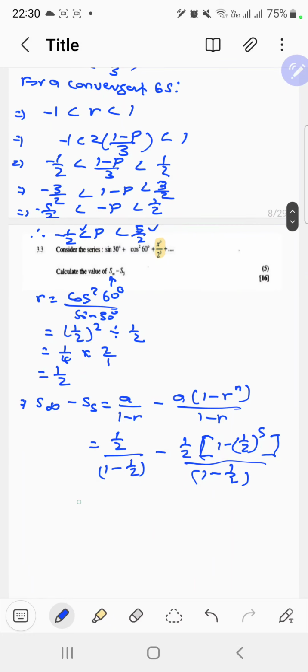Okay guys, this is cool. So at times you just want to be a little bit careful. So this is a half divided by half, which is basically going to give us 1 minus, let's sort this one out, 0.5 into 1 minus 0.5 raised to the exponent 5, divide by 0.5. So let's see, I'm getting here 31 over 32.